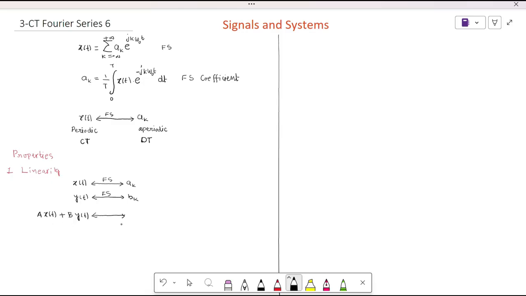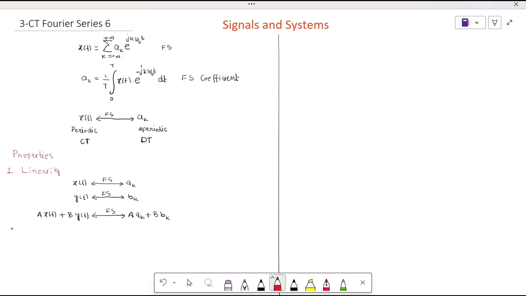If I get in the frequency domain: a is a constant and x of t's Fourier coefficient is ak, b is a constant and y of t's Fourier series coefficient is bk, then this Fourier series follows linearity.